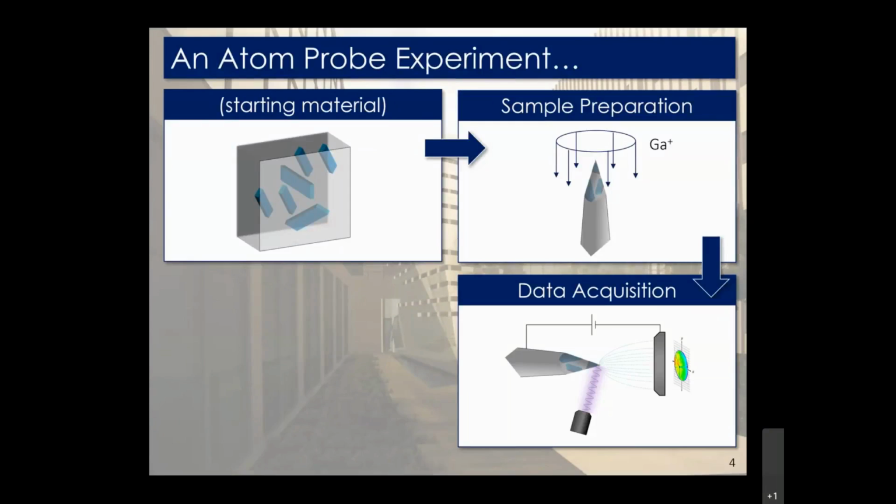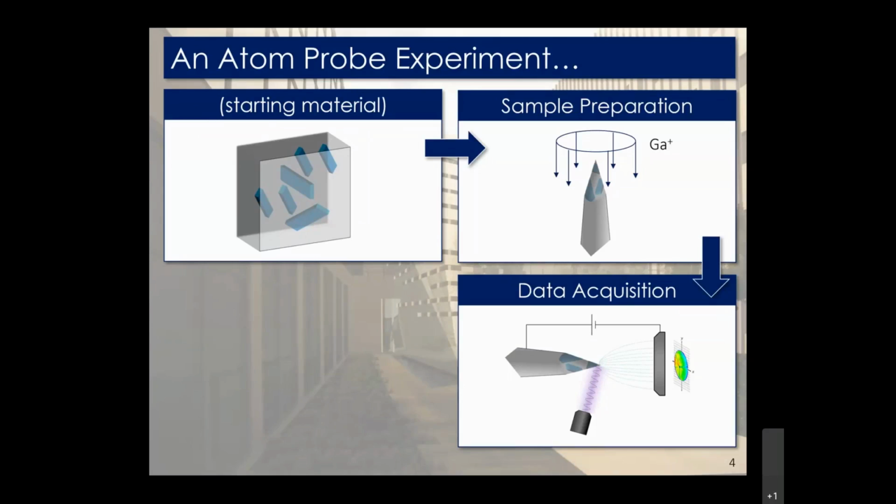This is the process that happens during the next part of the atom probe experiment, the data acquisition. This is where a material is picked apart atom by atom through successive field evaporation using either a pulsed voltage or pulsed laser in the presence of a high electric field.